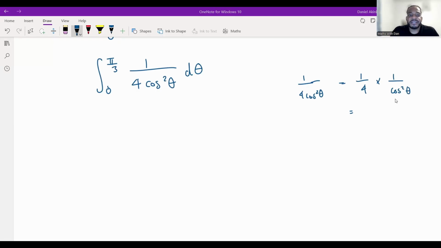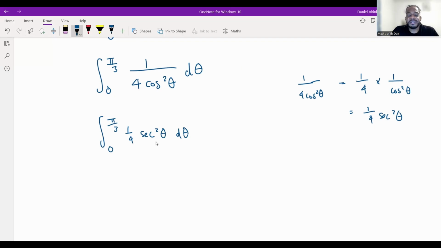Yeah. What's 1 over cos squared, guys? Not cosec, sec squared. That's 1 over sine squared. Yeah, well done, guys. So all of that has just simplified to become a quarter sec squared theta.